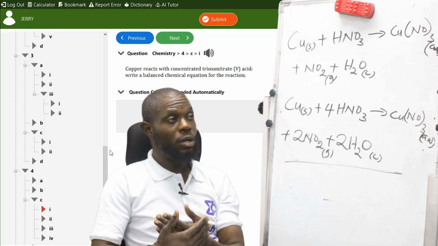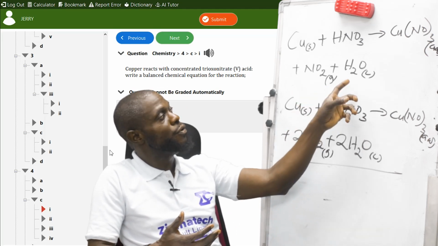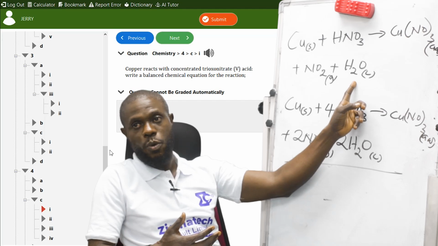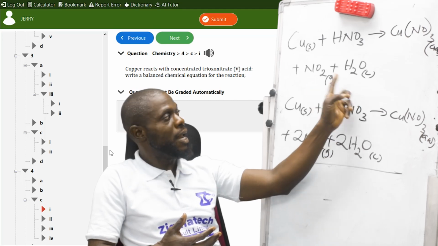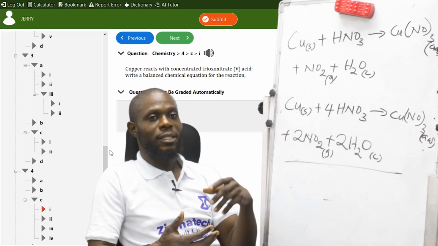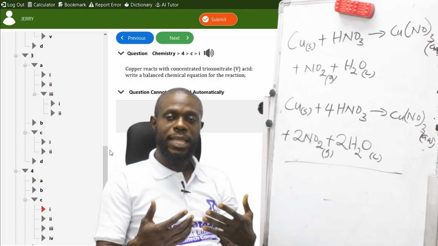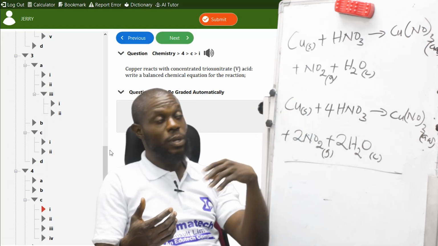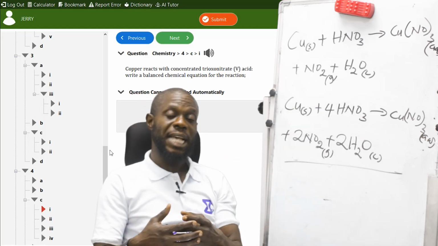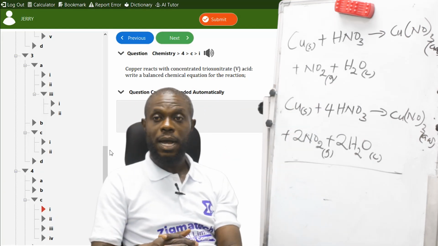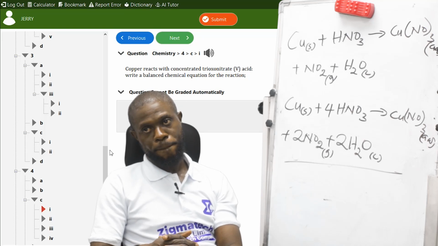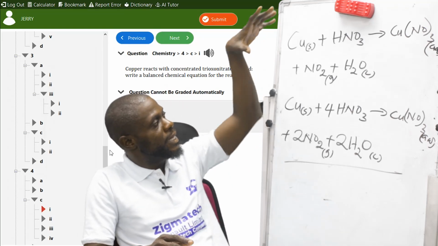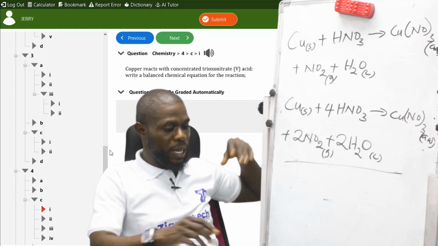So that means both of them joining will give you gas and liquid. Because when metals react with acid, or when acid reacts with metal, they bring out the gas. So this is a balanced equation for that.